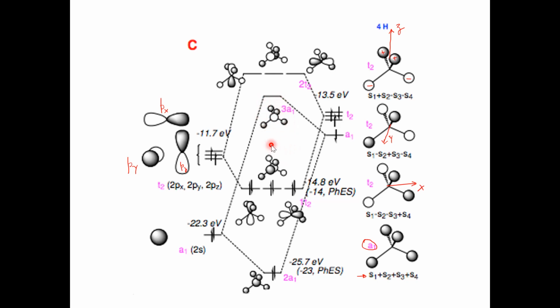And the 3 px, py, pz orbitals will couple with the corresponding linear combinations of s orbitals, making bonding and anti-bonding combinations. This is the bonding combination. This is the anti-bonding combination. So these are the molecular orbitals of methane. And you have some experimental values for the electronic energy eigenvalues. Okay. All right.